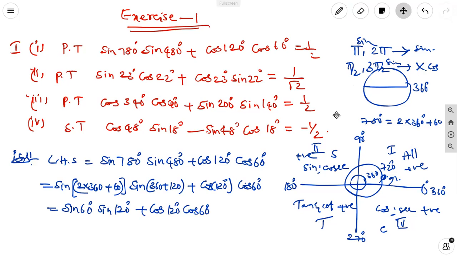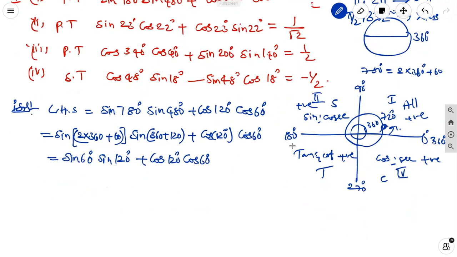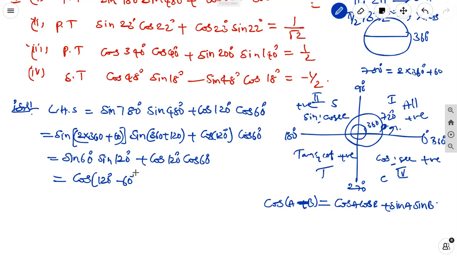Here, just you can see what is the relation. We know that cos of A plus B equals cos A cos B minus sin A sin B, so here we can take cos A cos B plus sin A sin B. Here we can take it as cos of 120 degrees minus 60 degrees.